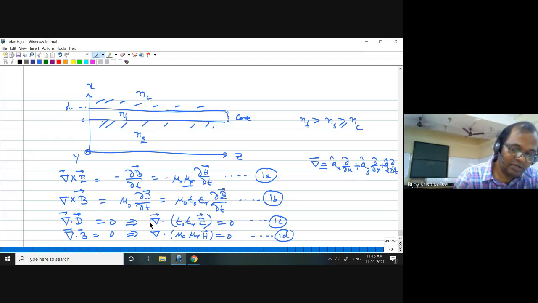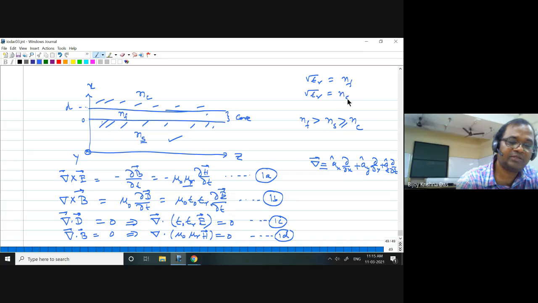But if you are thinking only about the core, then square root of epsilon r equals NF. If you are considering only the substrate region, then square root of epsilon r equals NS.